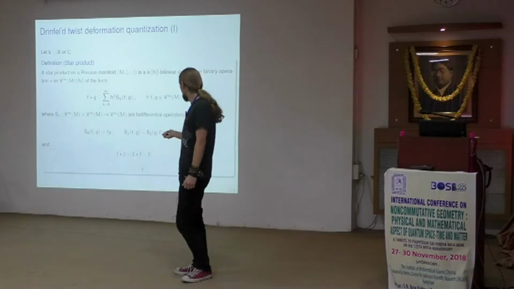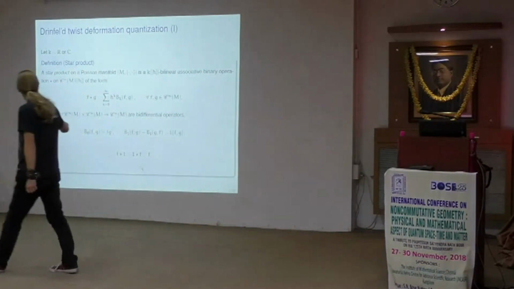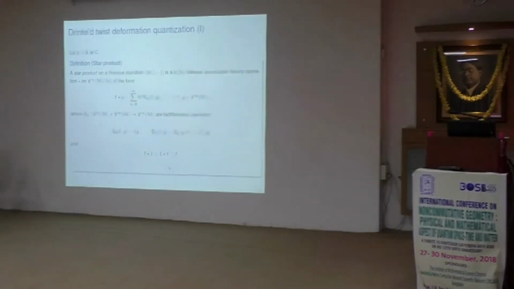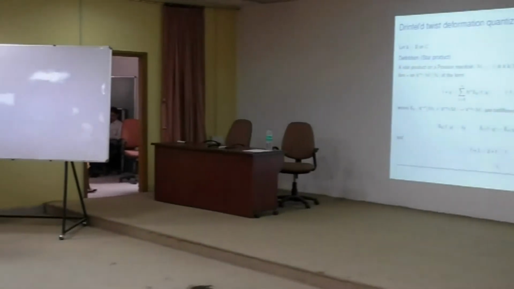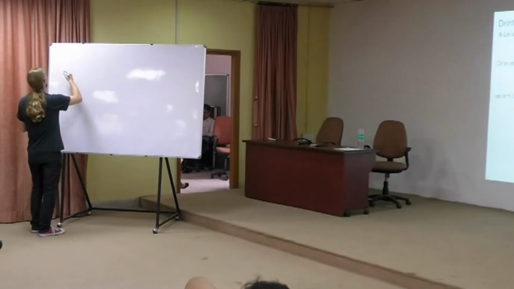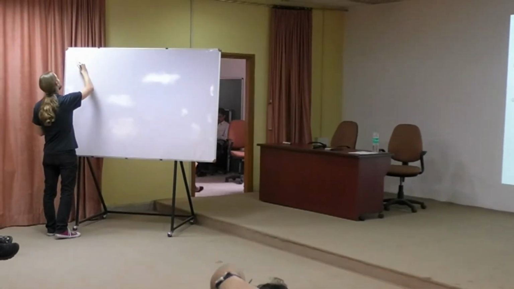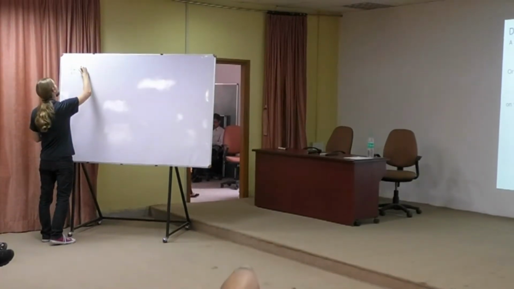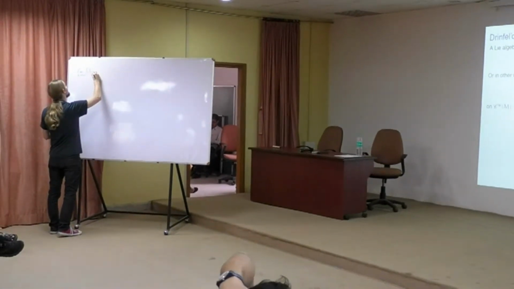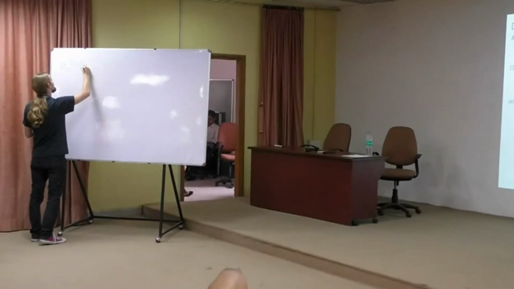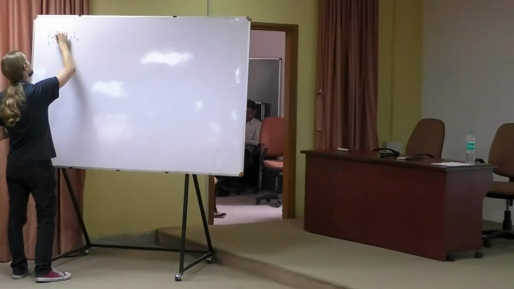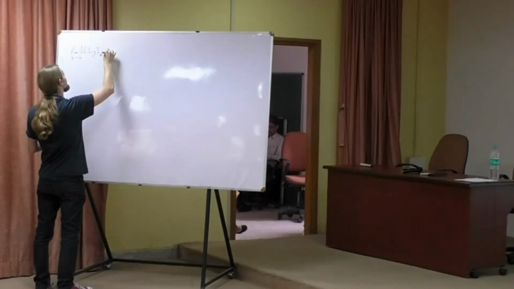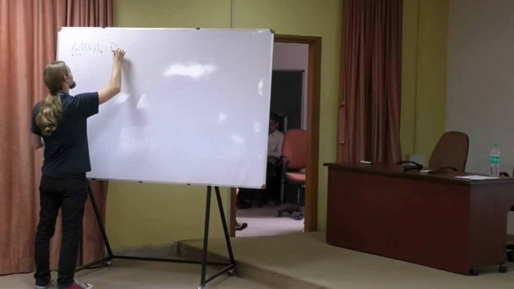And what you are mimicking here is just a correspondence principle, which tells you that the semi-classical limit of the star commutator gives you back the Poisson bracket.